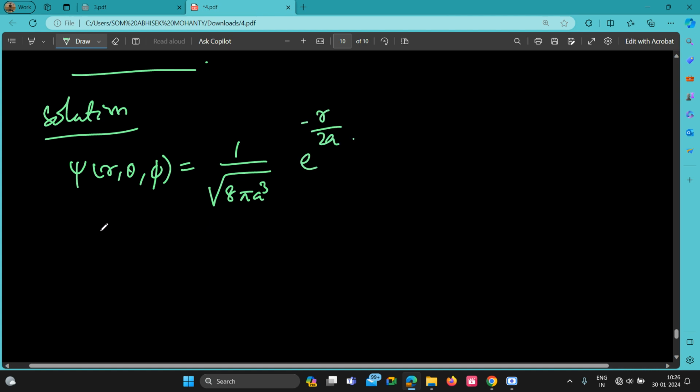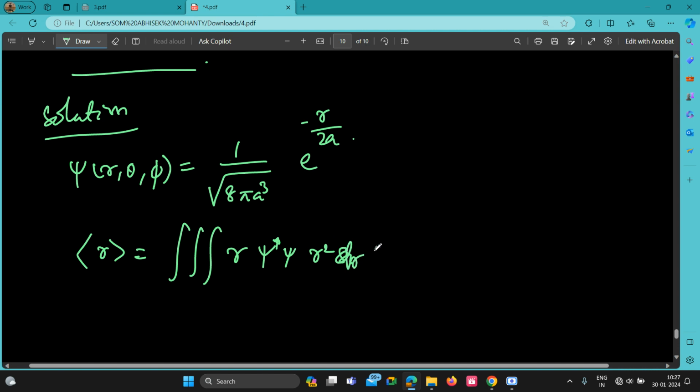The expectation value of r will be the triple integration of r psi star psi, r squared dr, sin theta d theta d phi.